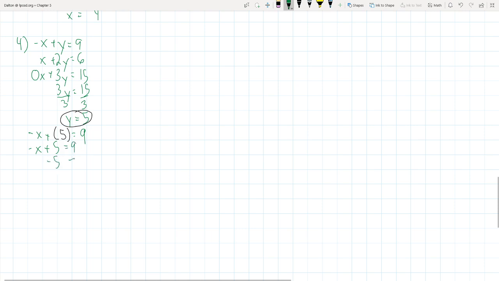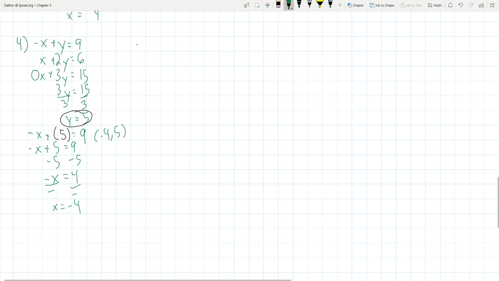Subtract 5 from both sides. I get negative x equals 4. Remember, you need to get x alone, so we divide by the negative 1 if you need to. x equals negative 4. So my answer should be negative 4, 5.